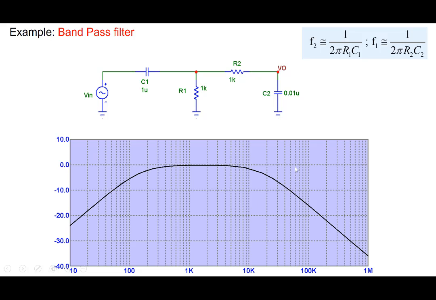So this is just a simple way of illustrating that by taking elementary sections like this, a high pass section and a low pass section, we could combine them together and build more complex filters. We could have also taken, for example, two low pass sections, an R1 C1 and an R2 C2, and both of them are low pass filters, so they would have combined together to give us another low pass filter.